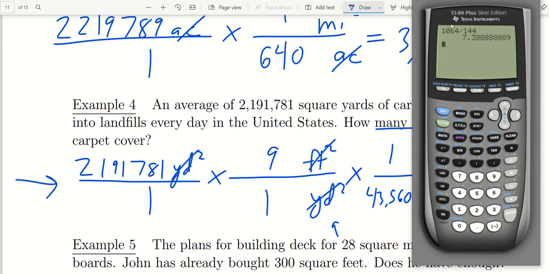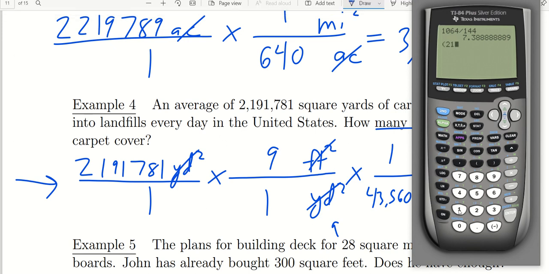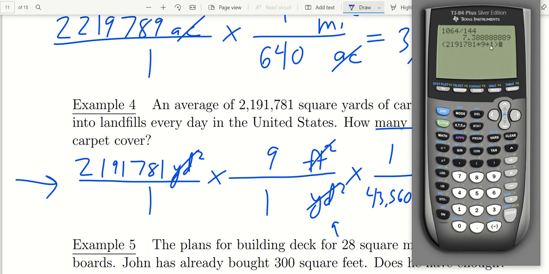If you have a scientific calculator, you can start a parenthesis to enter your numerator values. I'm going to do 2191781 times 9, and then times 1, which you don't have to put, but it's going to leave it the same. So this represents all my numerators multiplied together, divided by, and then you would need a parenthesis for all of your denominators multiplied together.